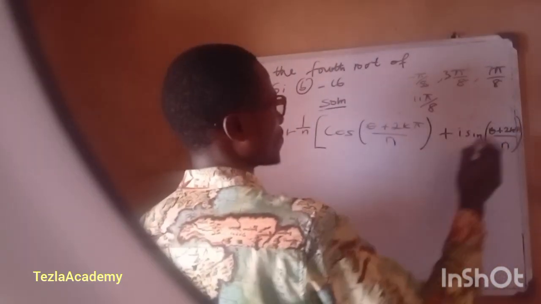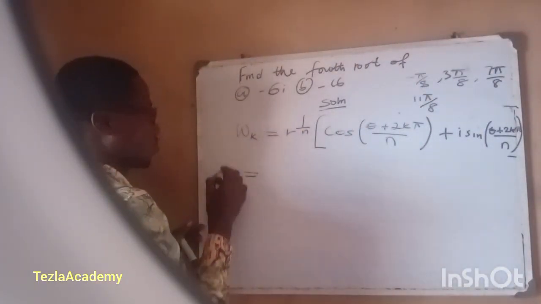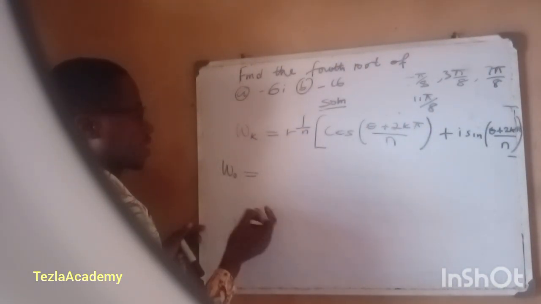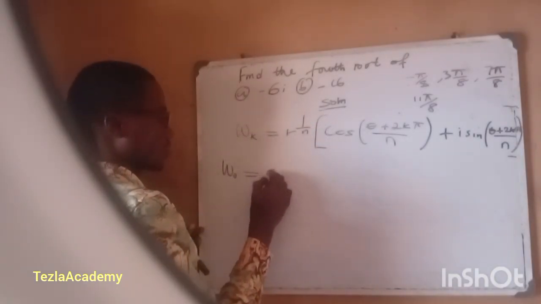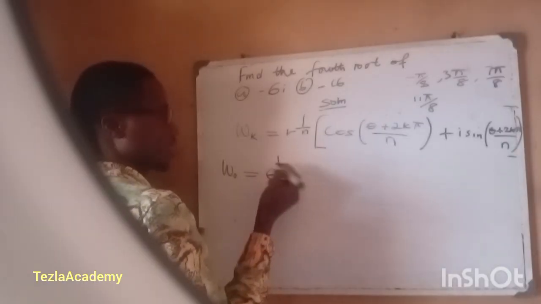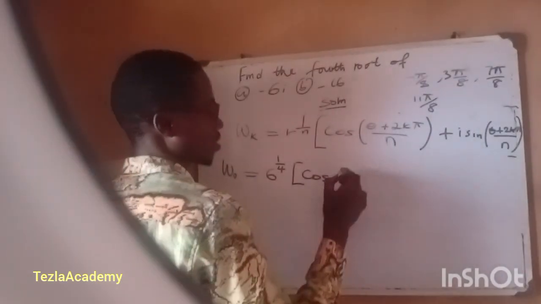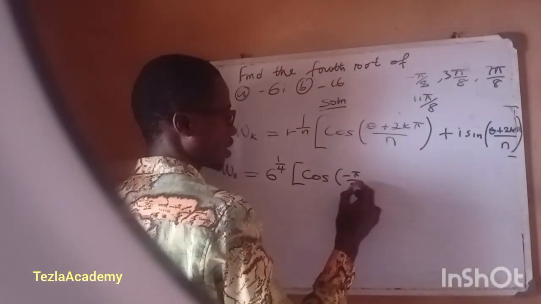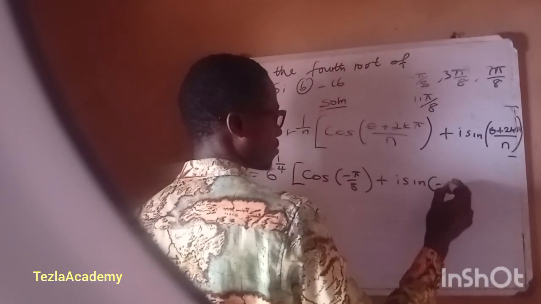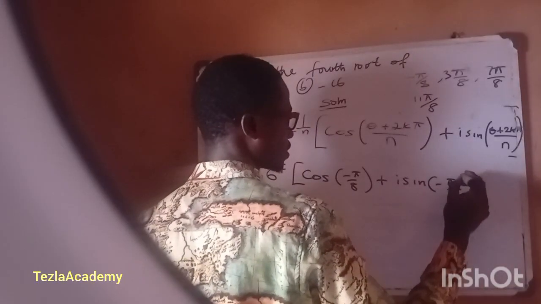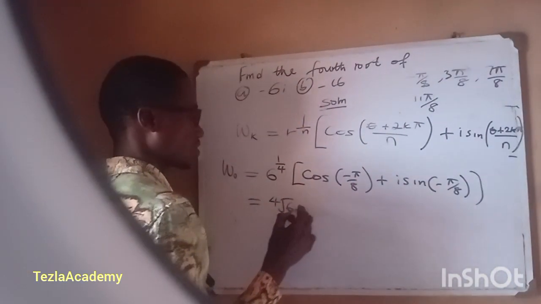So we have the bigger brackets. For the first one, W naught, R is what we got as 6 when we solved it. So we have 6 to the power 1 over n, which is 4, brackets cos minus pi over 8, then plus I sine minus pi over 8, so this equals the 4th root of 6.